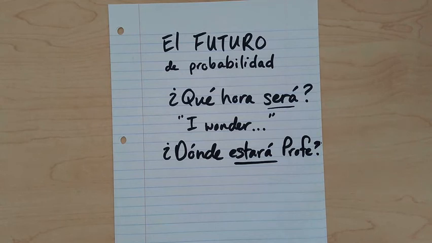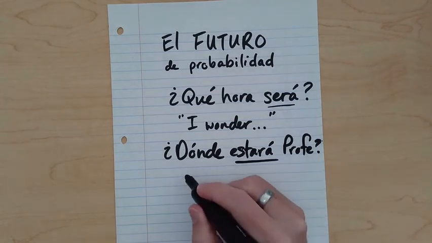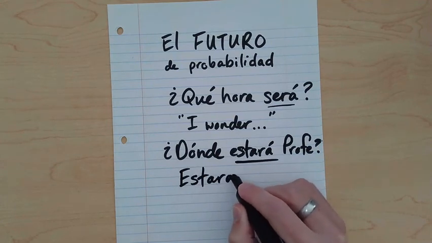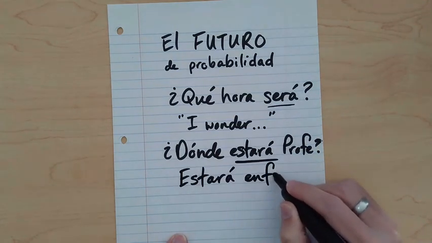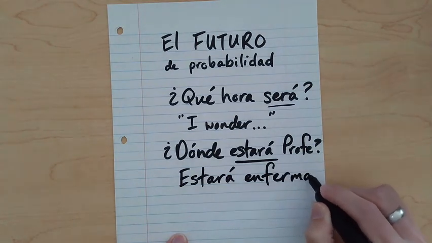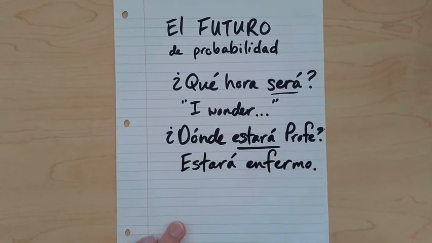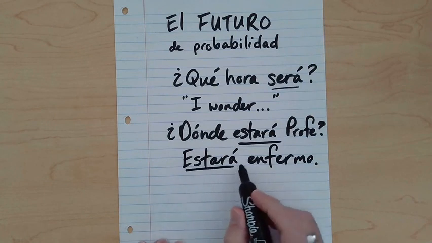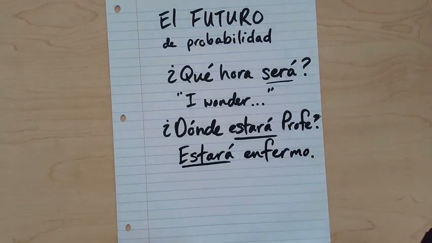So in my answer, you're also going to use the future tense. Estará enfermo. He must be sick. Or he's probably sick. Not that he will be sick, but he must be sick. If he's not here, he must be sick. You're establishing something that's probable and not certain.